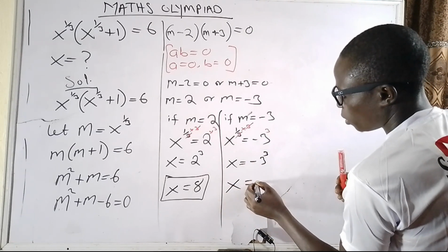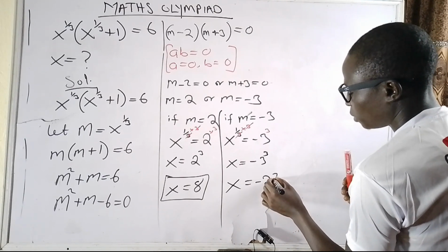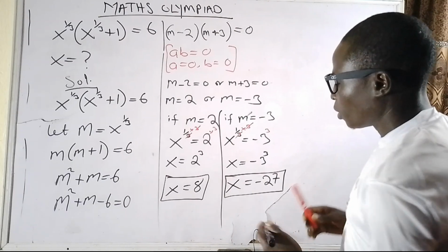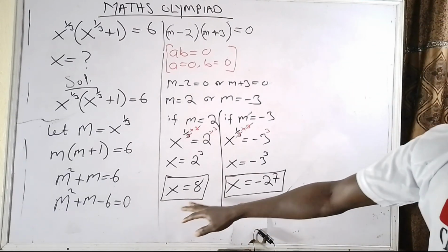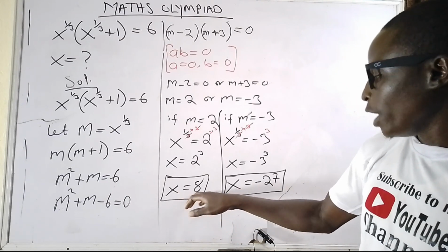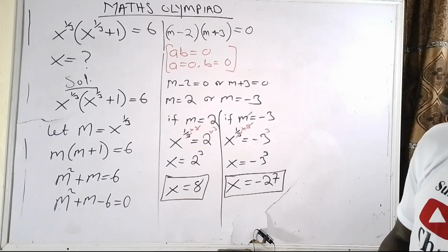So my x will now be equal to minus 27. So these are our respective values of x. We have x to be 8 and x to be minus 27.